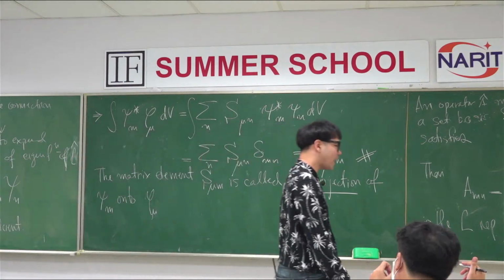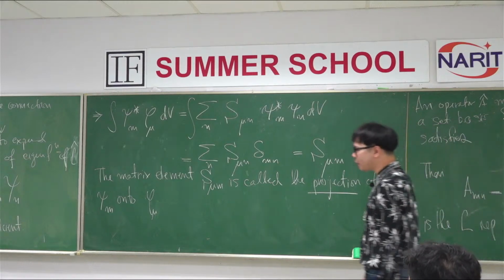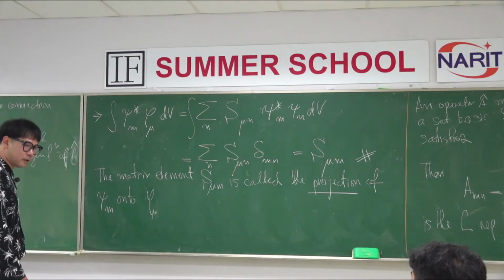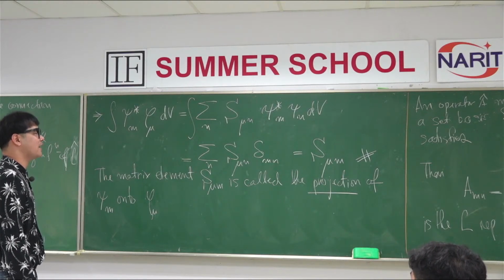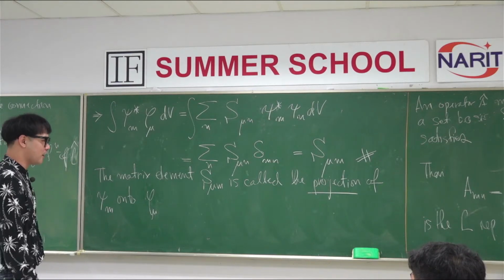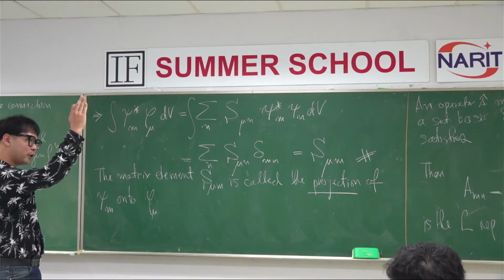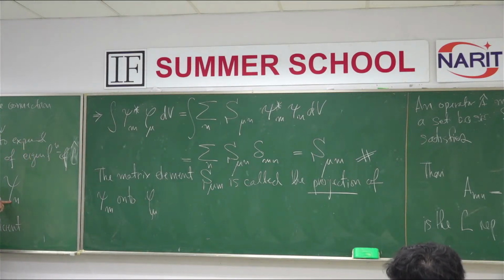Can we visualize it? Is it possible to visualize it? I'm not really sure that you get my question right or not. But you can think about this projection as just a standard vector thing. You have a vector, and that vector can be expanded in this set of basis.